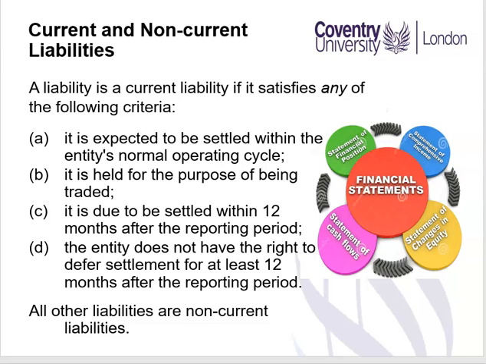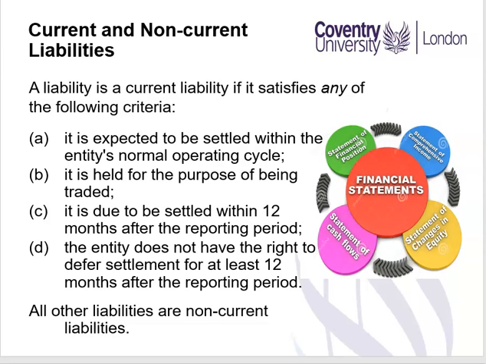It is held for the purpose of being traded. It is due to be settled within 12 months after the reporting period, and the entity does not have the right to defer settlement for at least 12 months after the reporting period. Again, all other liabilities are non-current liabilities.